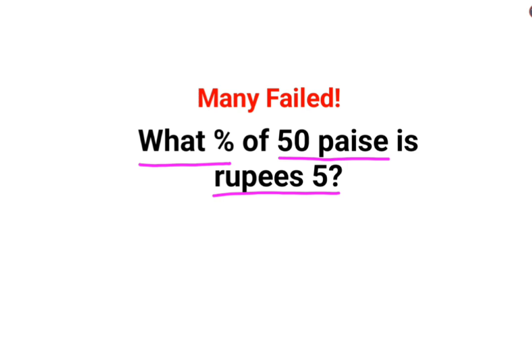Now first very important thing is that, see, we have one denomination which is 50 paise. Now here we have something called as 5 rupees. So please remember, 1 rupee is basically 100 paise.